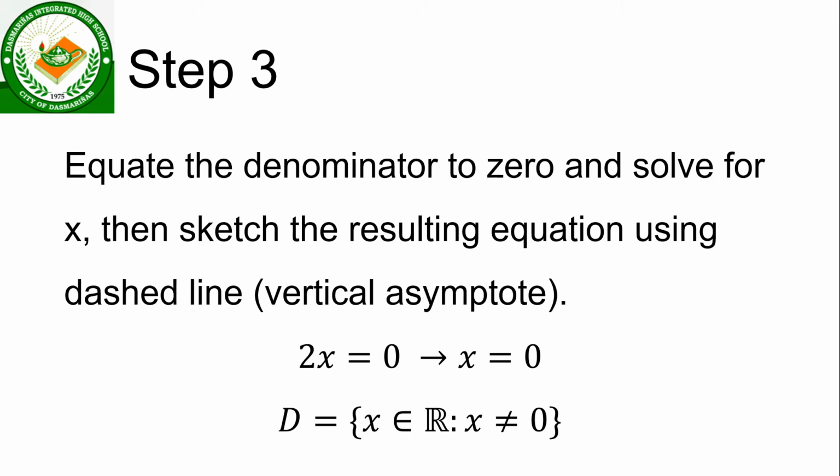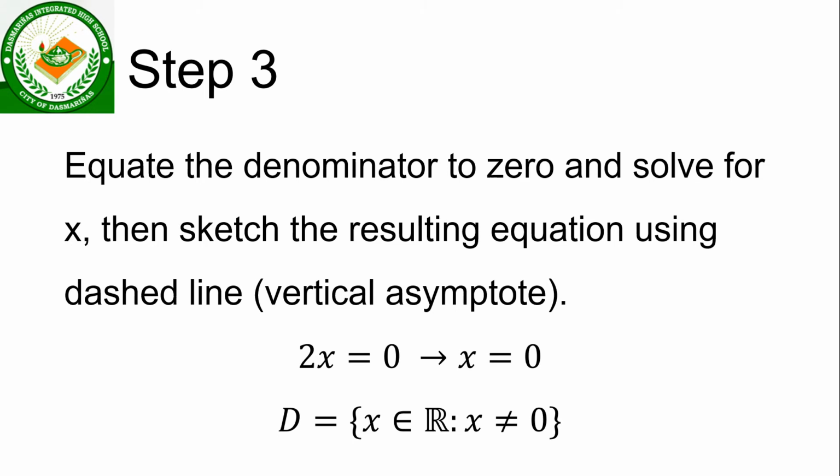Meaning to say, at x equals 0, the function is not defined. Meaning to say, we have to exclude that in our domain. Okay? So we have here the domain is the set of all real numbers such that x equals 0 is not included, or x is not equal to 0.